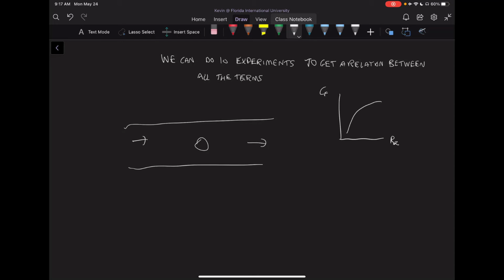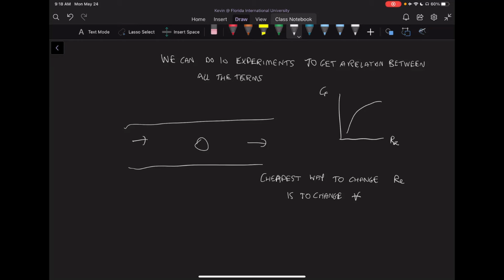And obviously, the cheapest way to change the Reynolds number is to change the velocity of the flow.